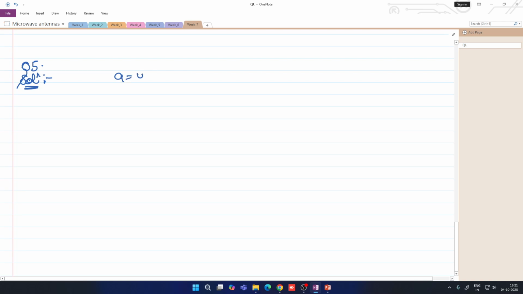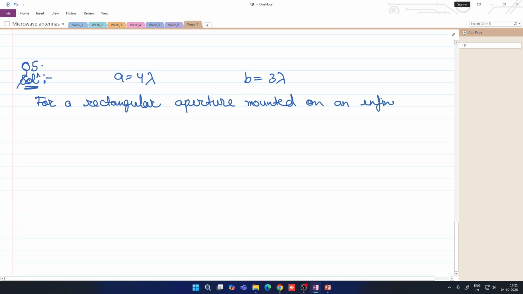Here A is given as 4 lambda and B is given as 3 lambda, and for a rectangular aperture mounted on an infinite ground plane, directivity is given by 4 pi A into B by lambda square.